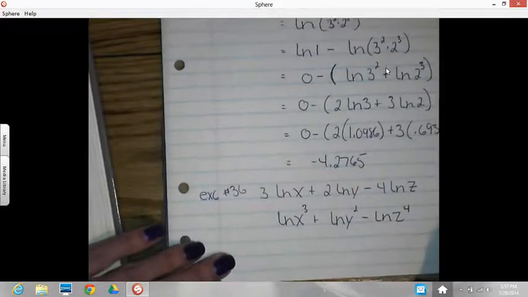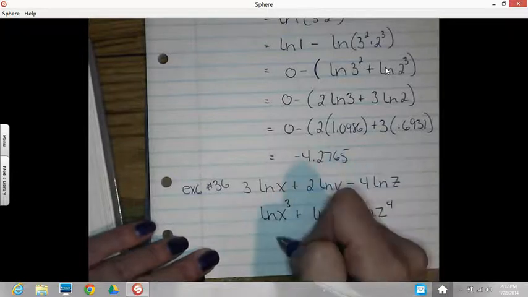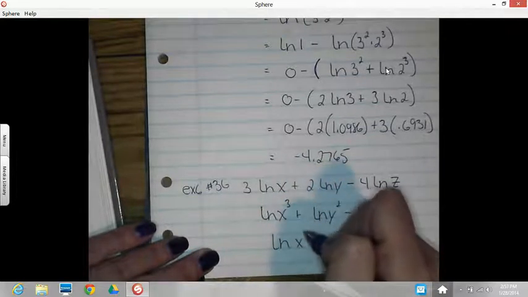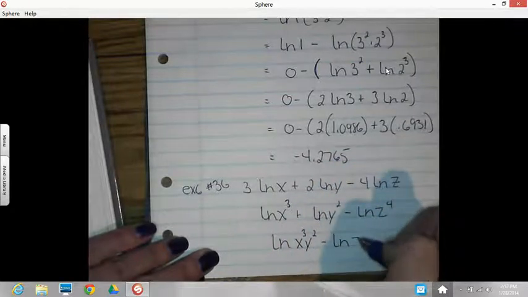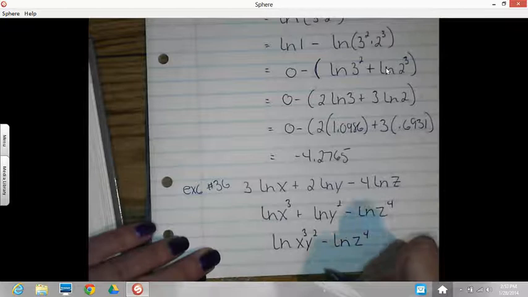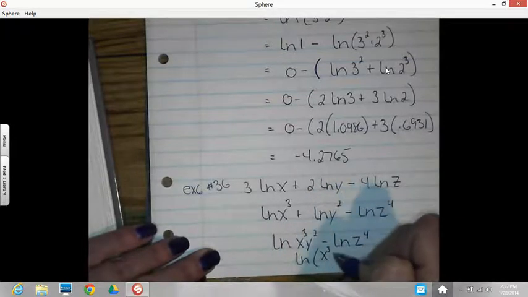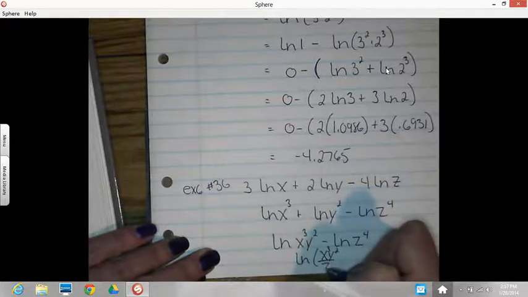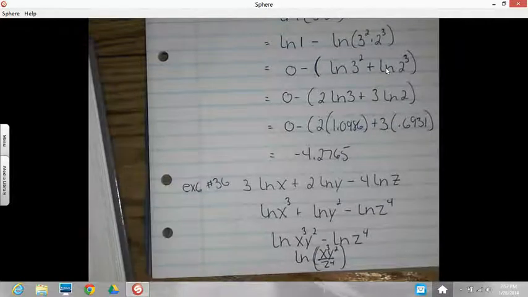Then I have to start from the beginning. I do the adding first. So when I add, I multiply. And when I subtract, I divide. So I'm going to have the natural log of x cubed y squared divided by z to the 4th. Okay, so it's just good practice with those properties again.